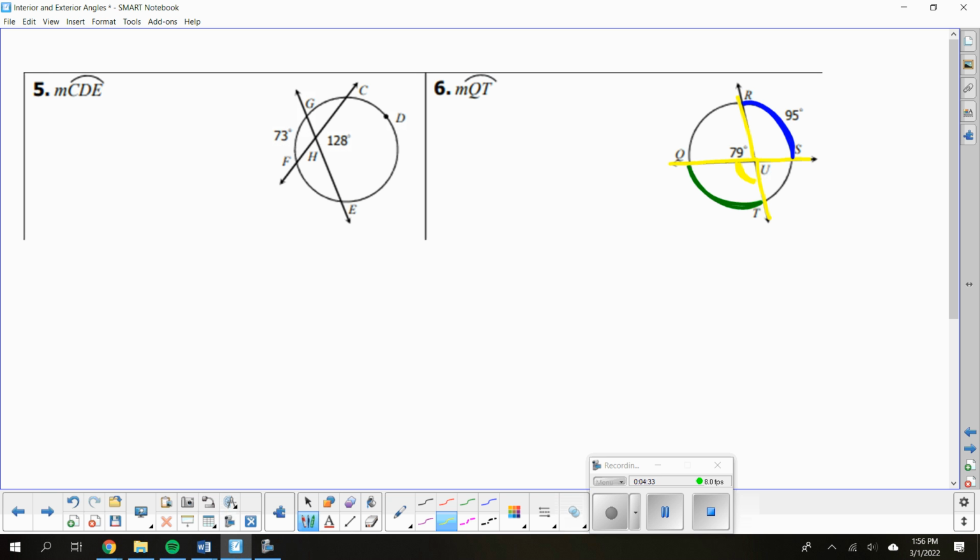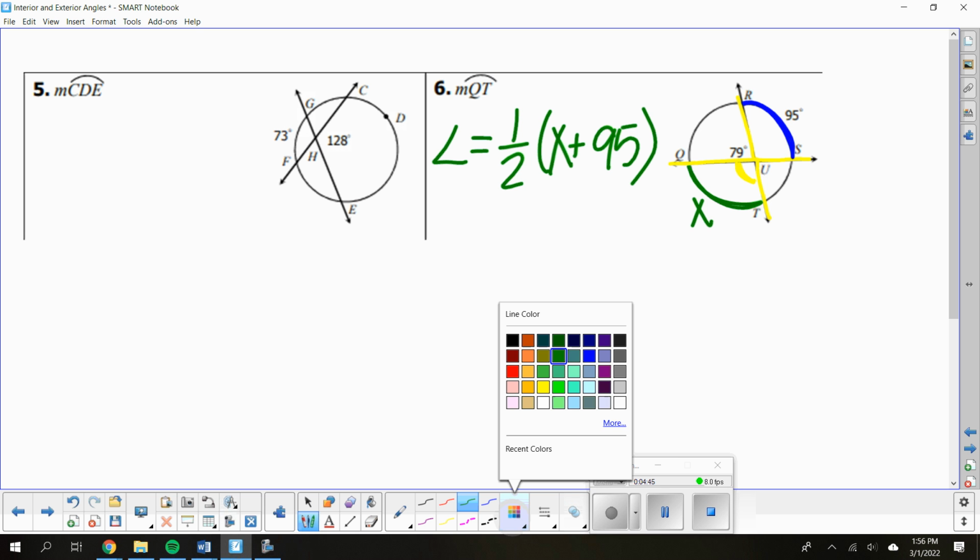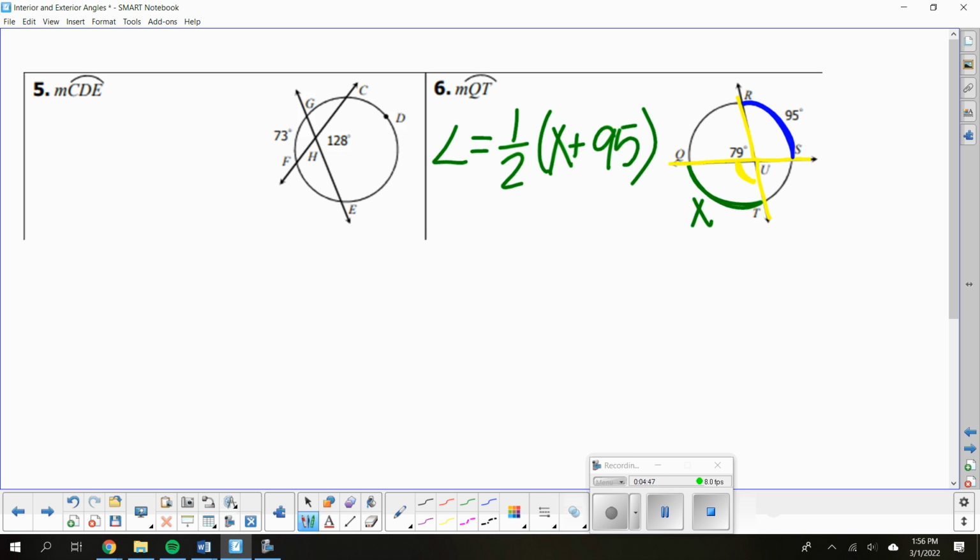I don't have one of the arcs, so x plus the other arc is 75. Well, I have two unknowns in there, so I can't do that. But I could find that yellow angle because 79 and my yellow angle form a straight line.